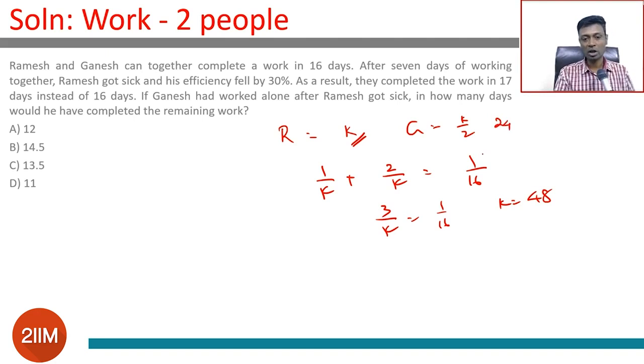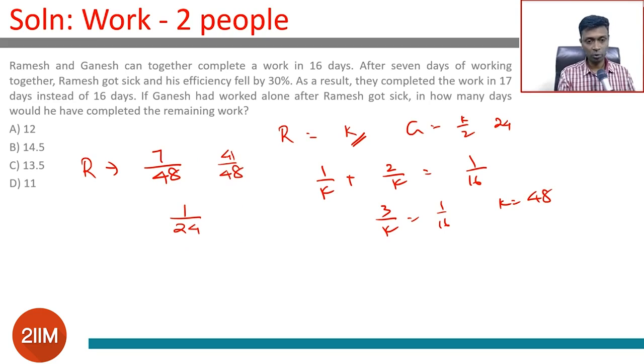If Ganesh had worked alone after Ramesh got sick, so that means in the 7 days, Ramesh would have completed 7 by 48 of the task. Fine. Ganesh on each day can do 1 by 24 of the task. The task to be completed is 41 by 48.